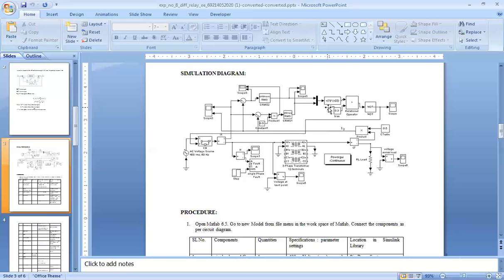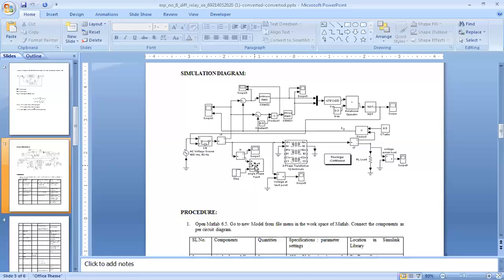Okay, and to simulate the internal fault, we used this fault block, single phase fault. There may be three phases, but any one of the phases should be activated. The other two should not be activated.